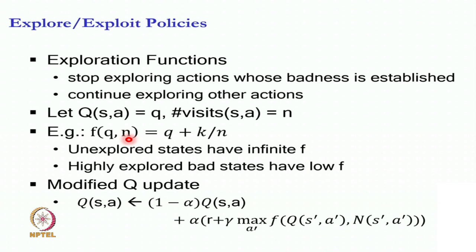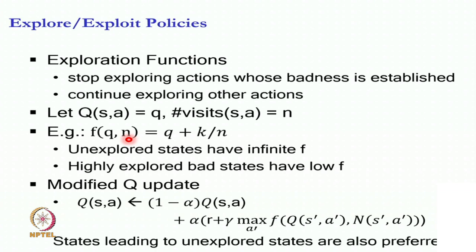That means that if I have explored a state, but its successors I have not explored, I might still prefer the action. So, I will still prefer an action where I reach a state from which some of the actions have not been explored. I am giving a bonus to taking me to a state that is unexplored.